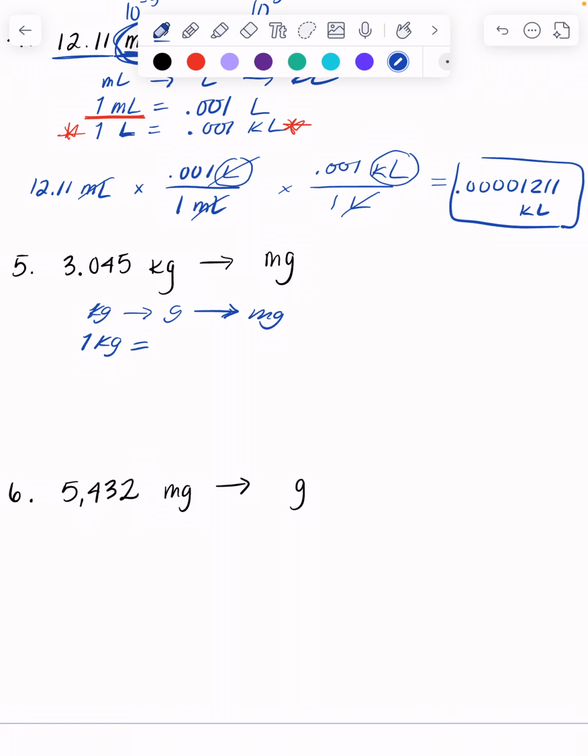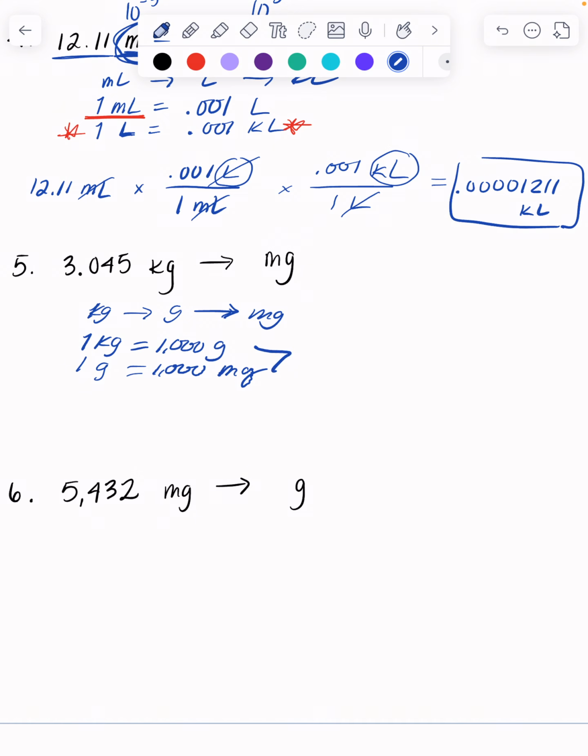Anybody know? Yeah, it's going to be 1,000 grams. And then 1 gram, how many milligrams is that? I gave it away. 1,000. Wow, it's beautiful.